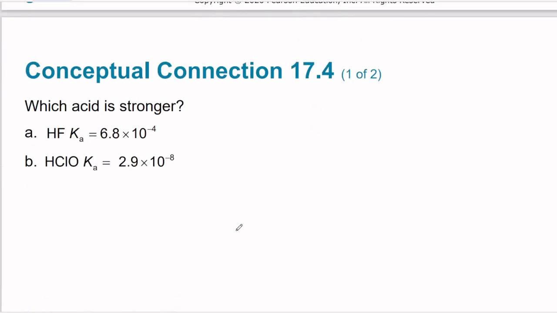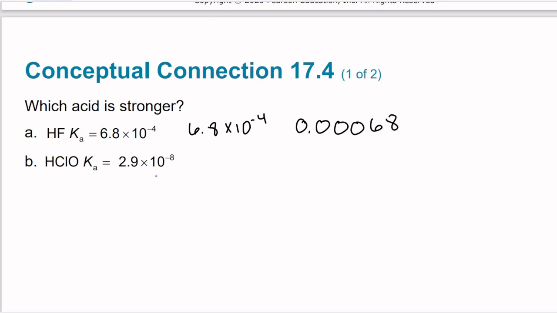Now, which of these acids is stronger? HF or HClO. So we have the Ka of HF being 6.8 times 10 to minus 4, and the hypochlorous acid is 2.9 times 10 to minus 8. Minus 4 is larger than minus 8, right? Because we've got the 6, let's write that down, 6.8 times 10 to minus 4 is 0.00068, right?